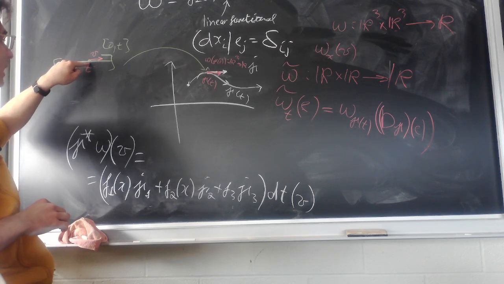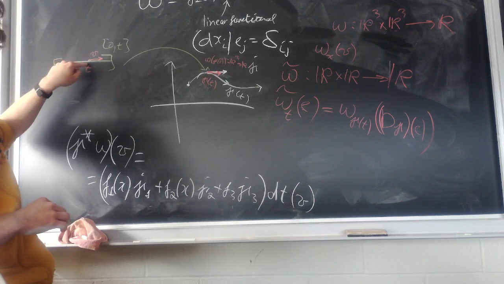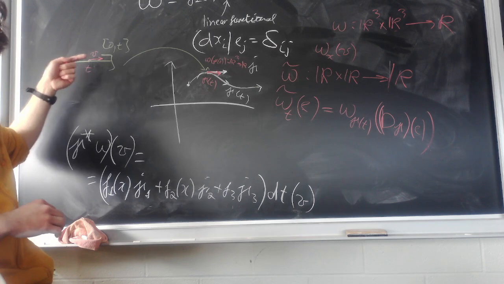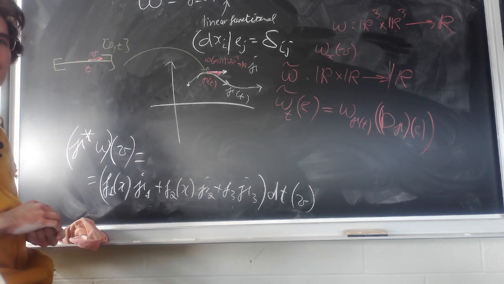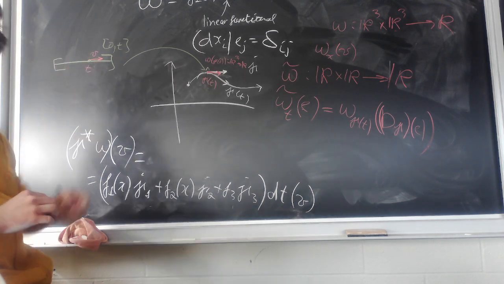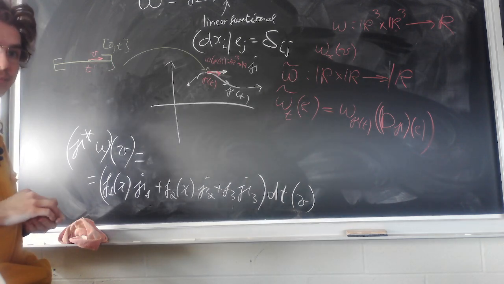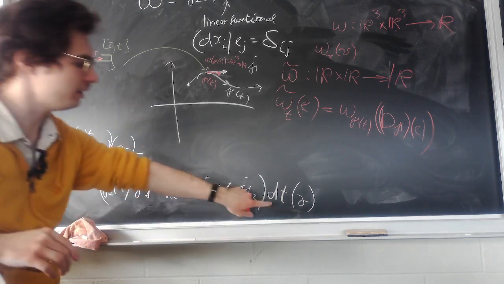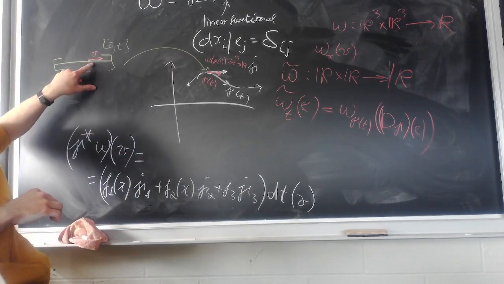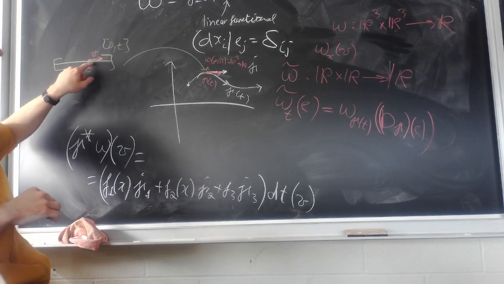And there's really only one kind of thing here that does that because it's one-dimensional, right? The only linear functional that does this is just some scalar multiple of the coordinate of the tangent vectors at every point. So you can think of dt as something that gives you the length of the tangent vector at some point here.